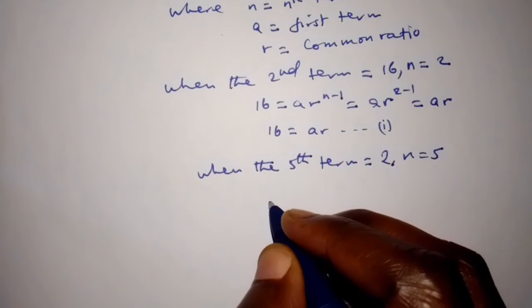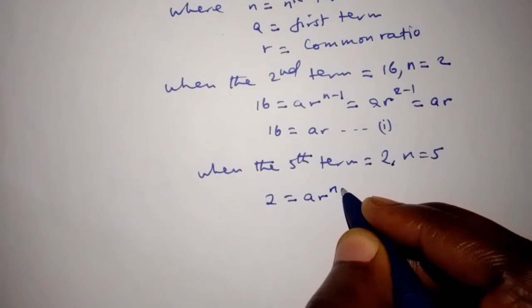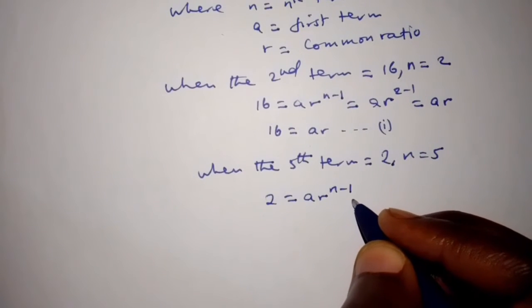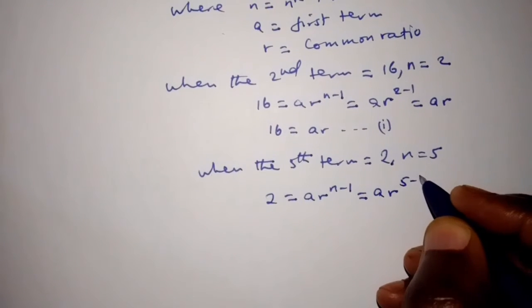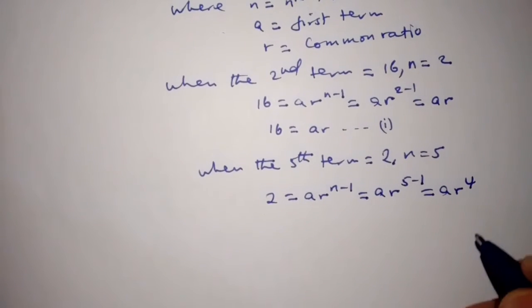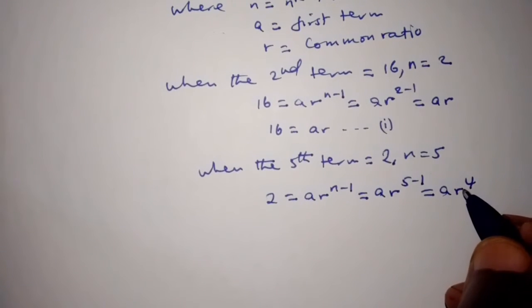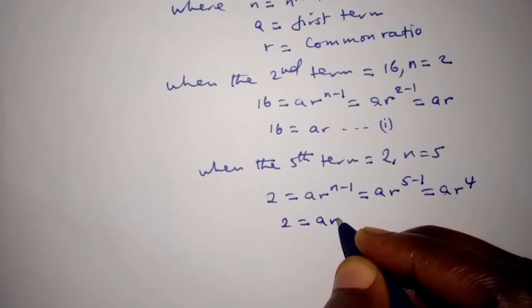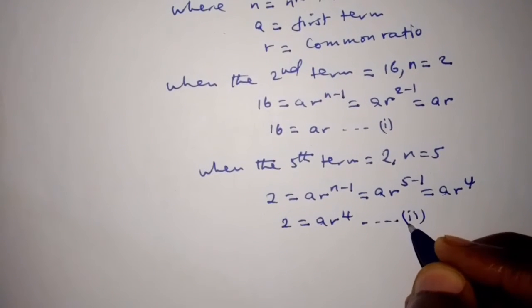We can say that 2 is equal to a r power n minus 1, and n is 5. 5 minus 1 is 4, so a r power 4. 2 is equal to a r power 4. This is our second equation.